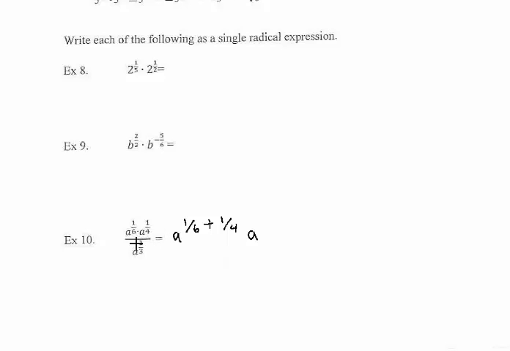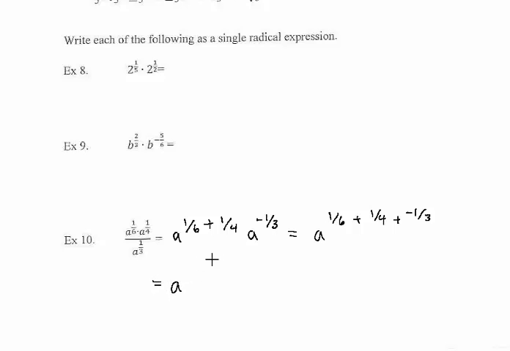And when we do, this 1/3 becomes a negative 1/3. Now, we'll take these two a's and combine them just like we did the 1/6 and the 1/4, and we'll write 1/6 plus 1/4 plus a negative 1/3. When you have several of the same variable multiplied, you add all the exponents.